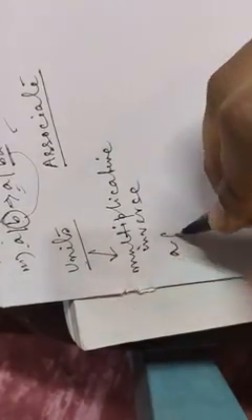Obviously a must be not equal to 0 because it has a multiplicative inverse. So a non-zero element a in an integral domain D is said to be a unit if there exists some element a inverse, or we can take it as b also, whatever you want to write, such that a dot a inverse equals 1.